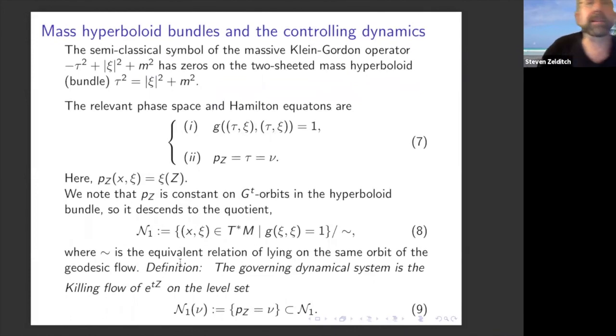So here's a slide where it says what the semi-classical symbol of the massive Klein-Gordon operator is, which I wrote out. I sort of multiplied by m. But if I treat it like a homogeneous semi-classical pseudo-differential operator, the mass disappears.